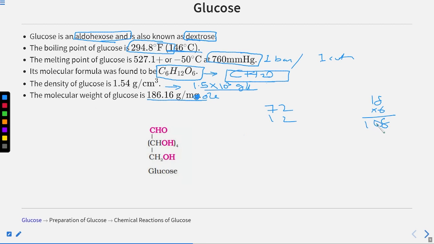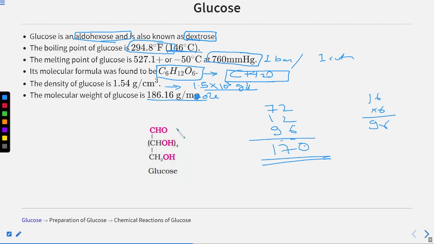Okay, we have some mistake here. No problem. Let us see it again. 12 6s is 72. Hydrogen is 12, so 12. And for oxygen, 6 8s is 48, which will be 96 in total with the rest. Okay, yeah, so I think it is written wrong. It will be 180 gram per mole.